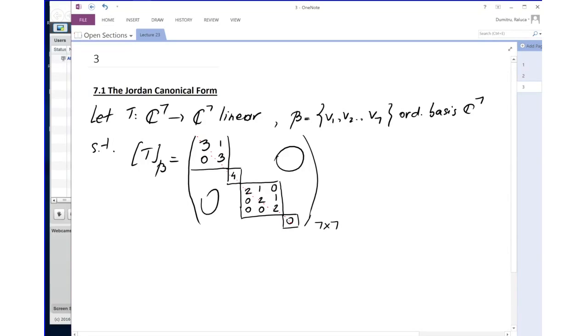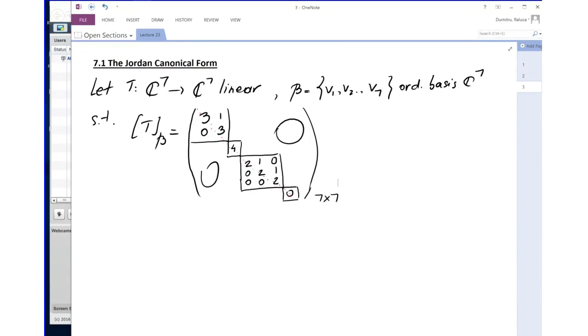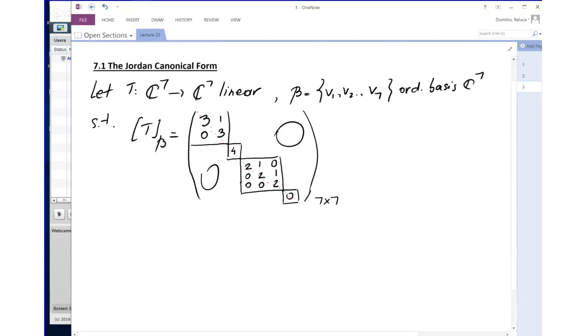So this will be called the Jordan canonical form of T. And beta will be called a Jordan canonical basis for C7.